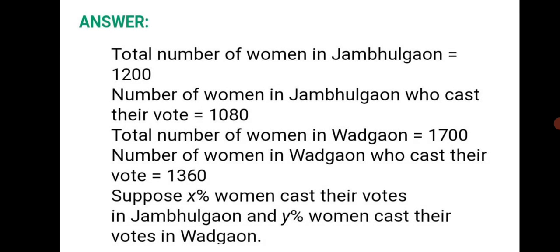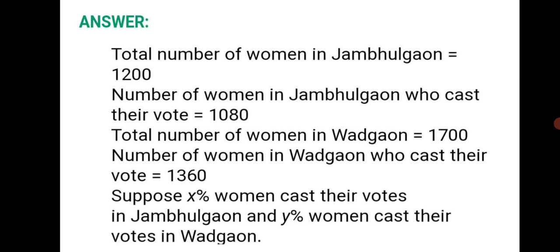Total number of women in Jambulgaon is given. Then the total number of women in Jambulgaon who cast their vote is given. You have to write first how many women are there in Jambulgaon, and later how many women have cast their votes. Then same thing we will do with the total number of women in Vadgaon, and the total number of women in Vadgaon who cast their votes.